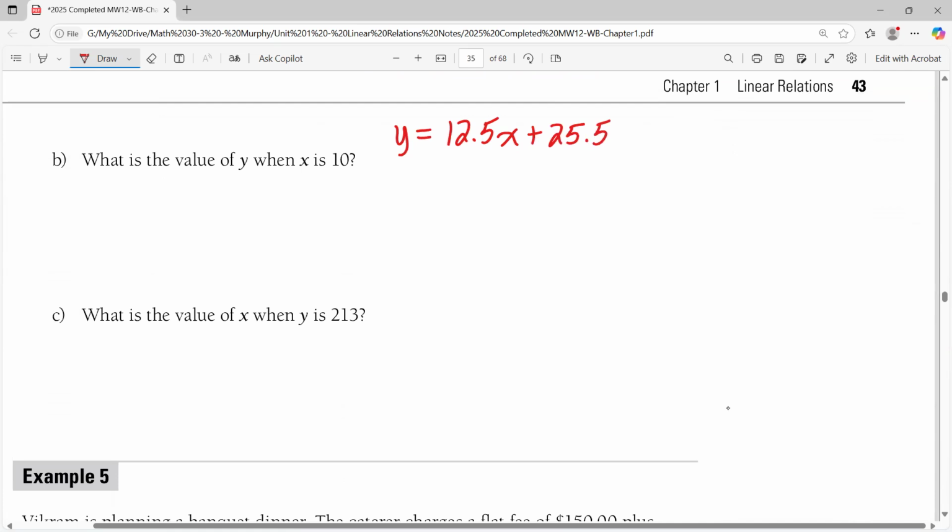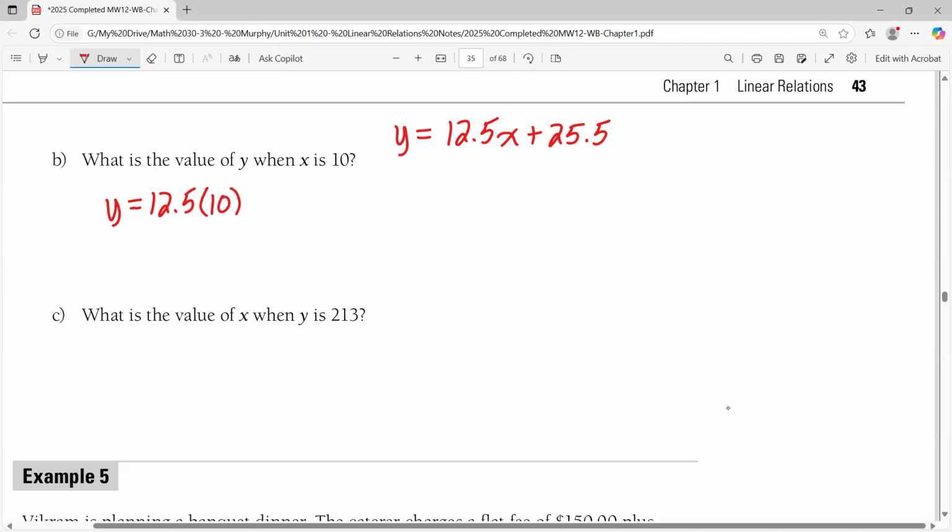Okay, so it says what is the value of y? So we're just substituting in for the x. So 12.5. And remember, don't use the multiplication symbol, that times symbol. Just put it in brackets, because at this stage in mathematics, it looks like a variable.